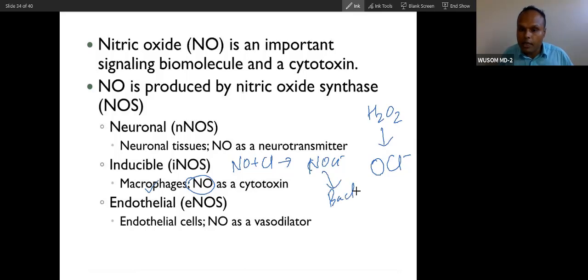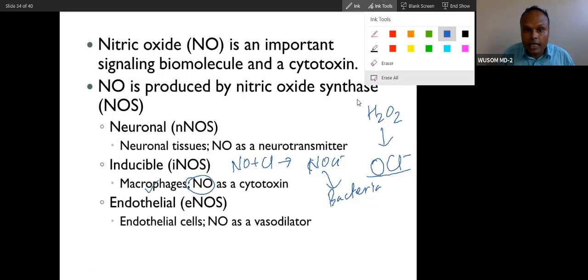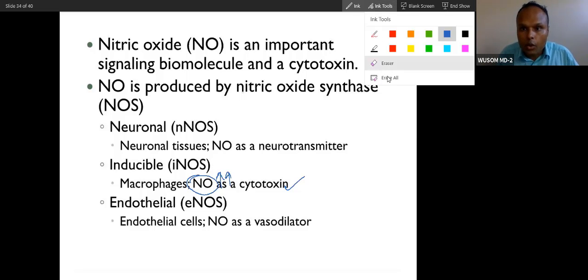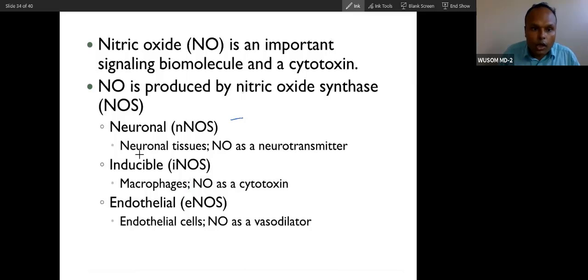So this is free radical synthesis in macrophage. That is why when infection rises, the production of nitric oxide is increased. Here it is inducible. That is why this is called iNOS. So three places: one is neuron, other is endothelium, third is macrophage.